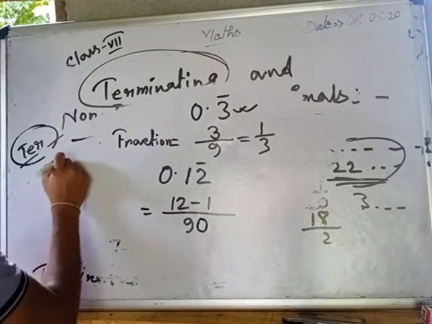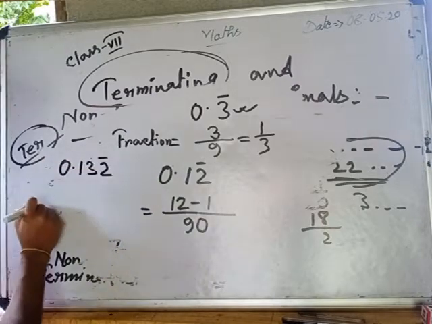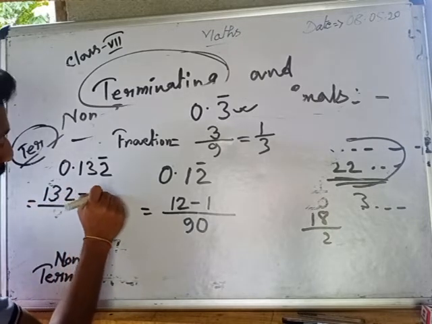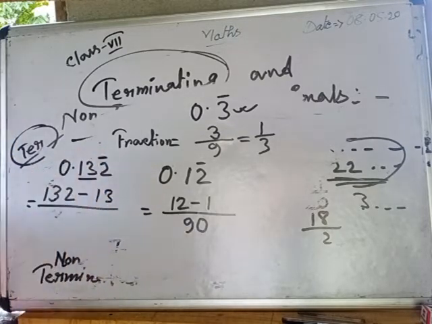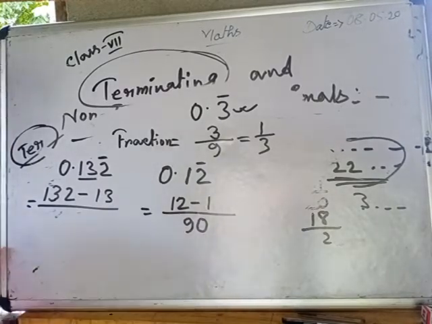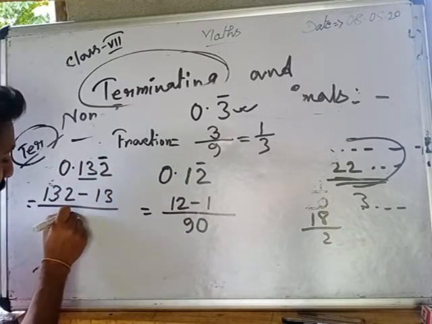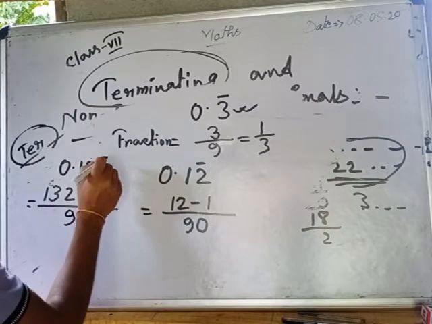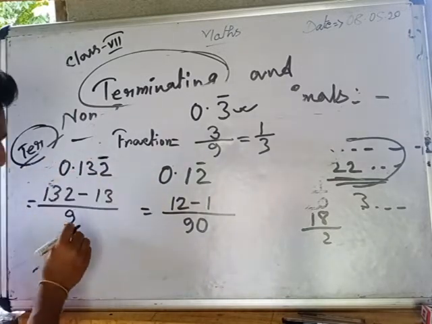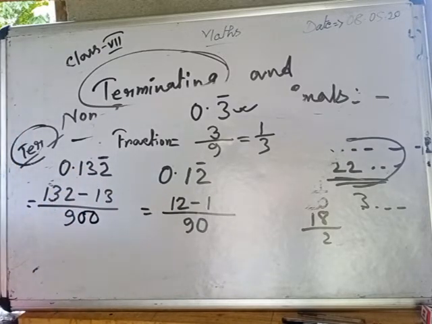Suppose it is 0.132. We should write at first 132, and we should subtract 13 because 13 is left out of the non-terminating sign. For the non-terminating sign we should write a single 9, because a single digit is under the non-terminating part, and for the 2 terminating digits we should write double zeros.